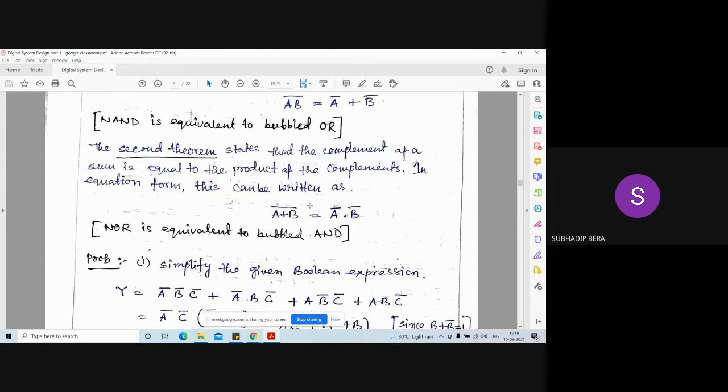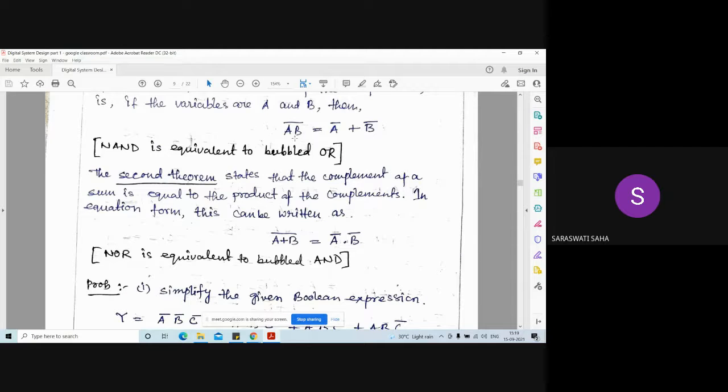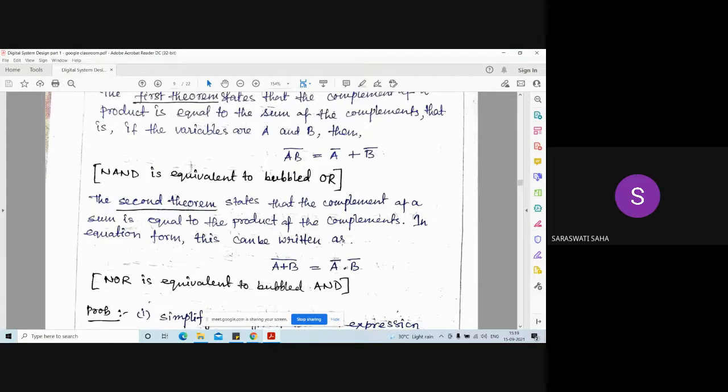Yes, ma'am. So actually, De Morgan's theorem states the output of two universal logic gates, that is NAND and NOR operations. NAND is equivalent to bubbled OR and NOR is equivalent to bubbled AND. This is De Morgan's theorem.